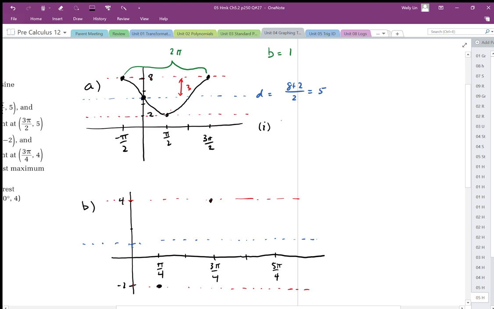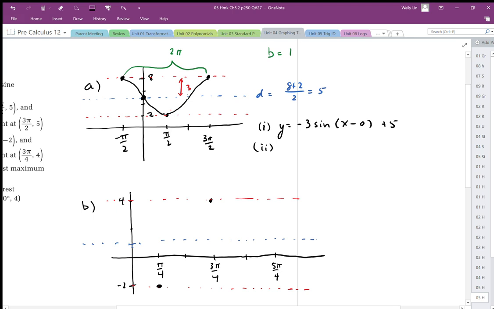We could say that this is y equals negative 3, the negative indicating that it's going down to start, negative 3 sine, and then b equals 1, x minus 0, because now our starting point's at 0, plus 5, so that's one option.